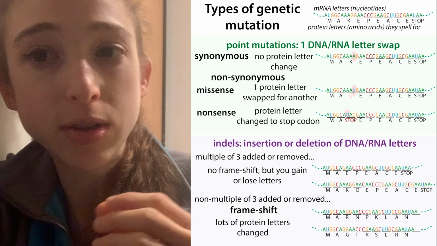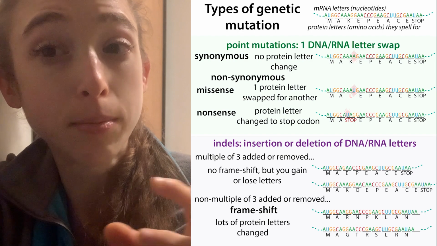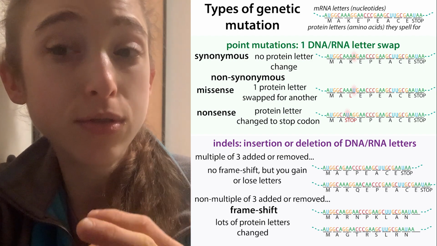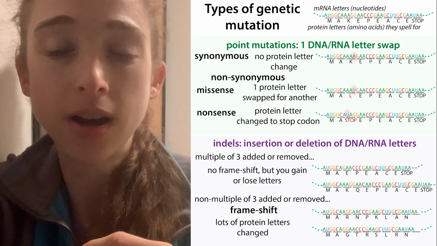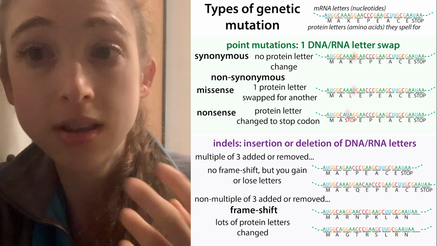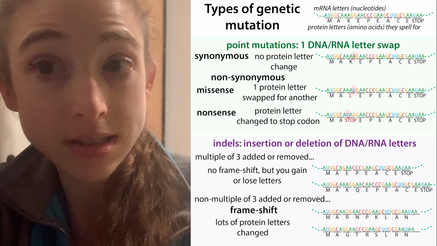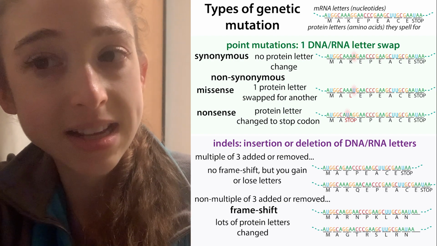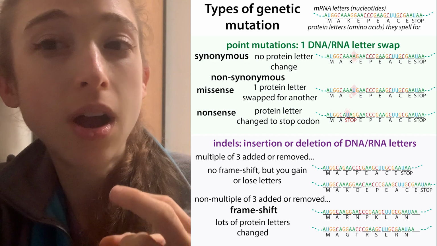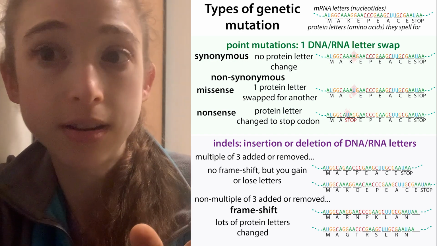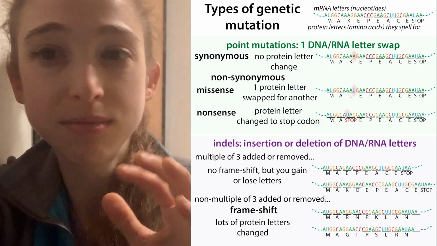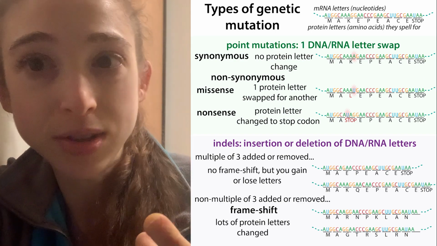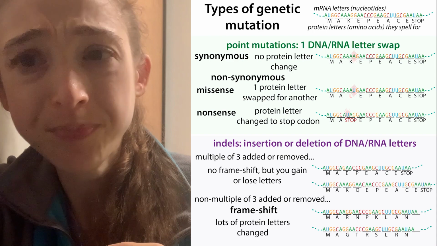So if you have a mutation in a somatic cell, one of your bodily cells that's not one of those germ cells, it can only get passed down to future cells in that lineage, so cells that are made from that cell. This can still have important consequences, such as causing cancer, but you still have a lot of low-level mutations that are not consequential, because not all mutations are harmful.